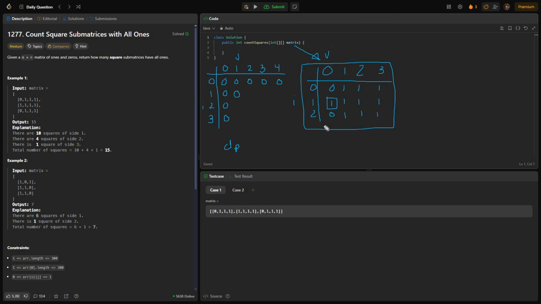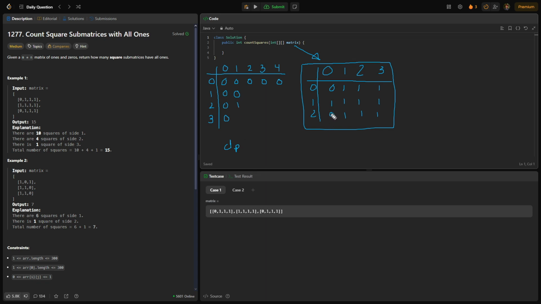I'll walk through each solution here so you guys can get a general understanding. I'll point out which node we're looking at so I don't have to keep updating the i and the j. So here we go. We're looking at this one here. This is 0, this is 0, this is 0, but this is a 1, so we'll update it as a 1.